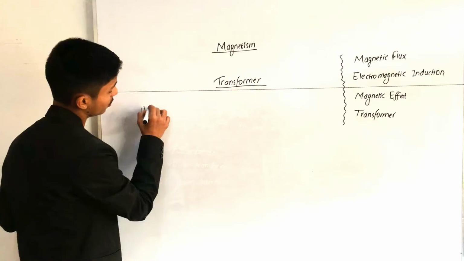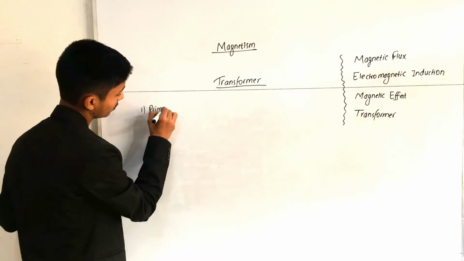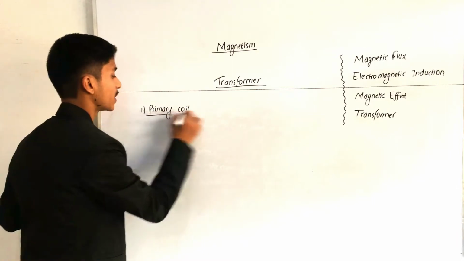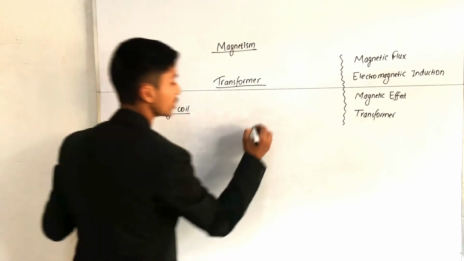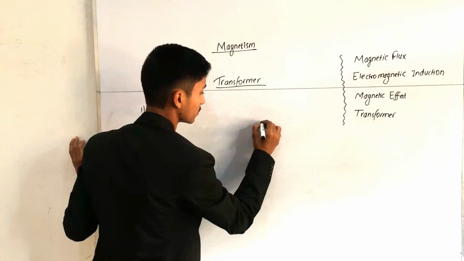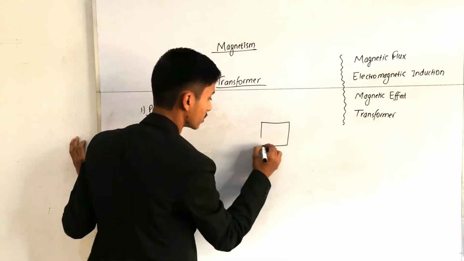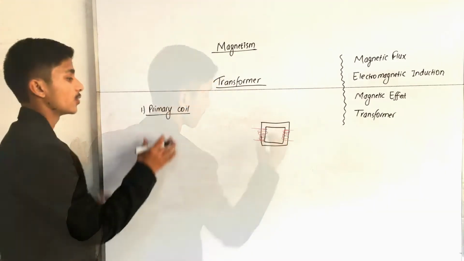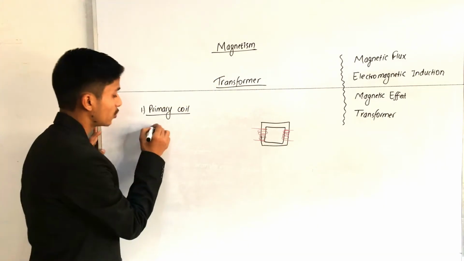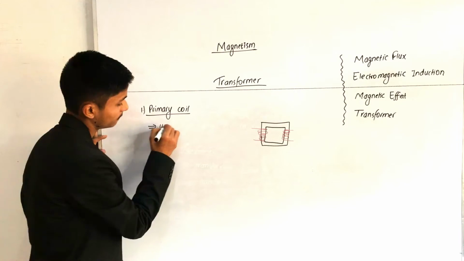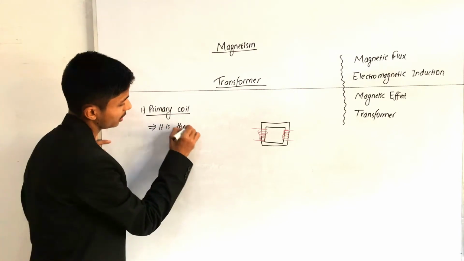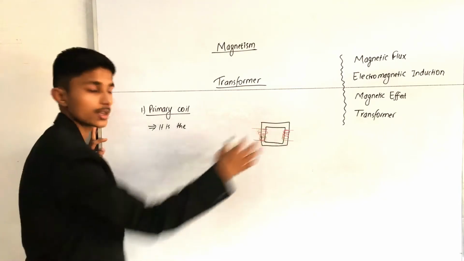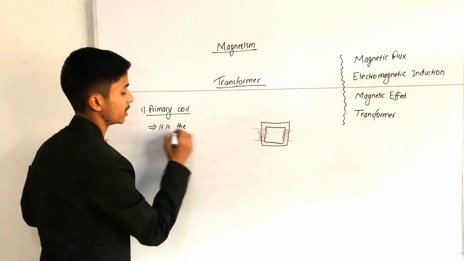First one, primary coil. What is primary coil? So here we draw a figure of a transformer. What is primary coil? It is the coil in which AC voltage is supplied, AC current is supplied.